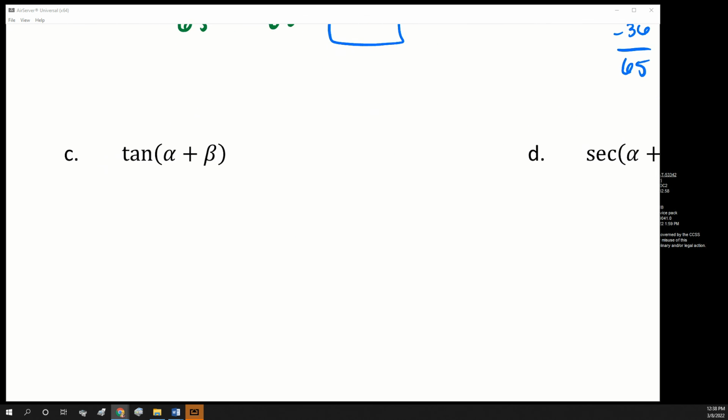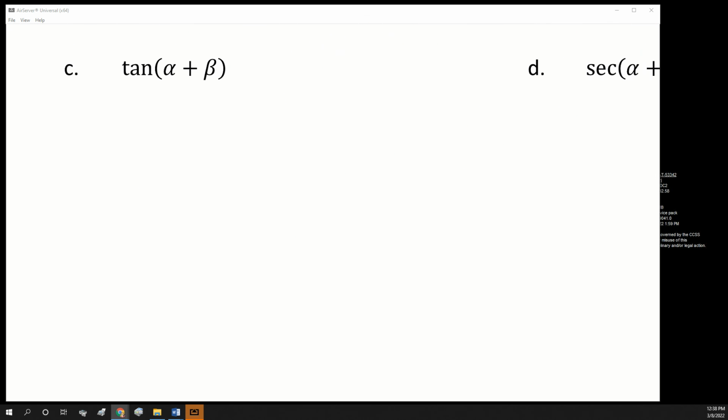All right, let's look at the tangent one. The tangent sum of angles is always going to be the most difficult one because you end up putting fractions inside of a fraction. So I'm going to go ahead and just write down the formula.